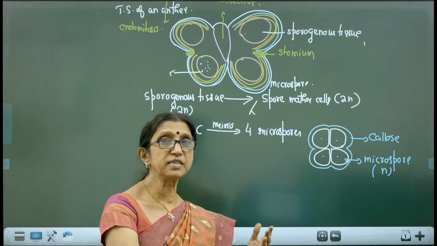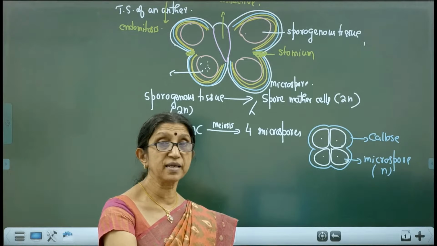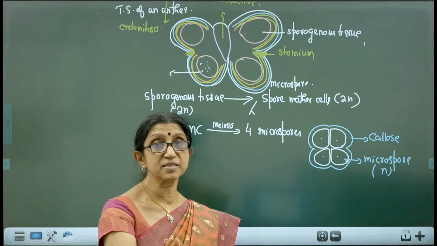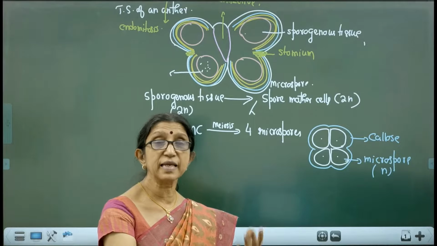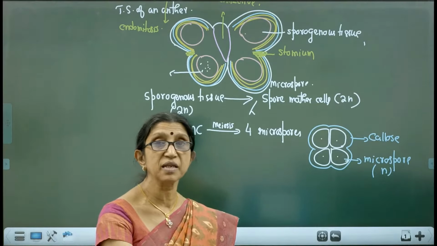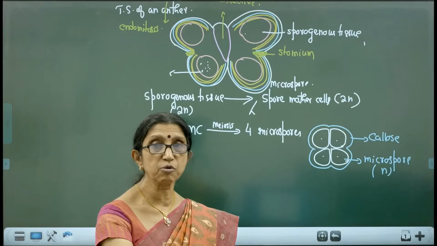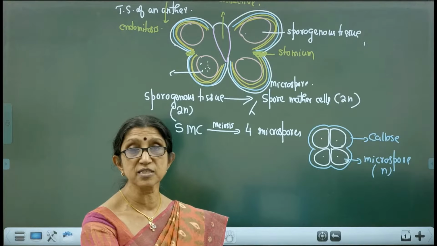During this period, we can see the microspore synthesizing the wall layers such as intine and exine. Once intine and exine synthesis is over, the callus is degraded enzymatically and the microspores are released into the anther locule, the anther cavity. Such mature microspores are known as pollen grains.